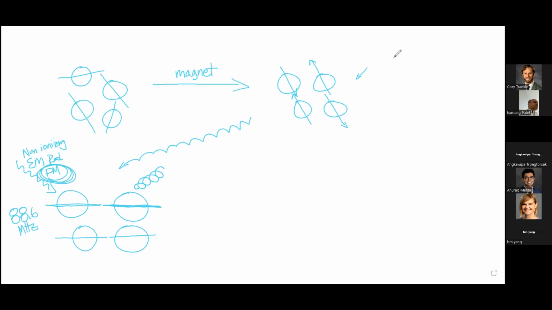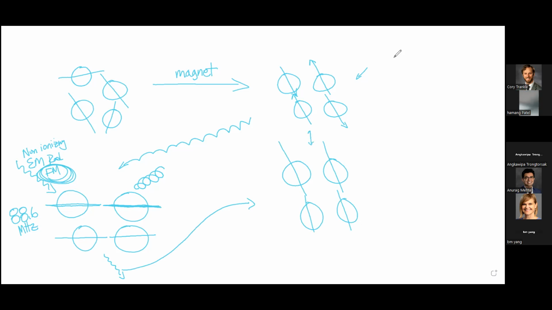Well, then after the FM radio wave has gone through, those protons, all of them in your body, go back to their original orientation. Very similar to what was up there in the top right.